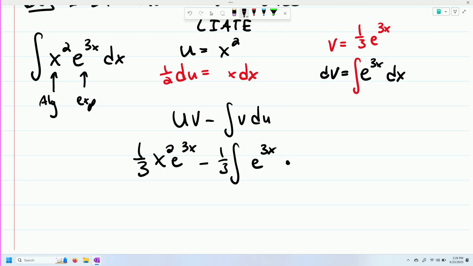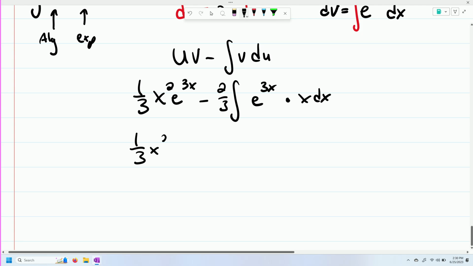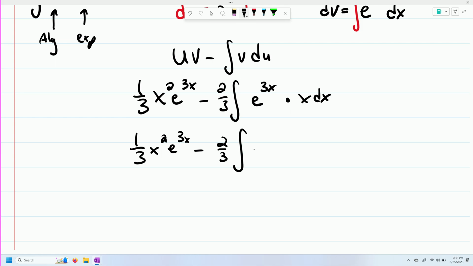And then we multiply this by x dx, or I'm sorry, du. But since it's 1/2 du, I'm going to make this 2/3 by multiplying by 2 again. So I guess I really didn't have to do that initially, which is fine by me. So you end up with 1/3 x squared e to the 3x minus 2/3 times the integral of x e to the 3x dx.